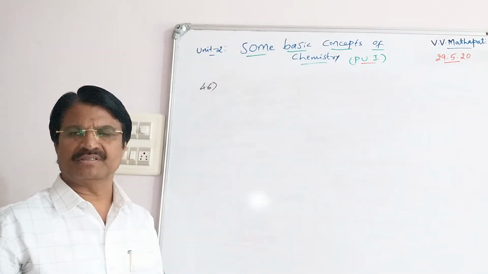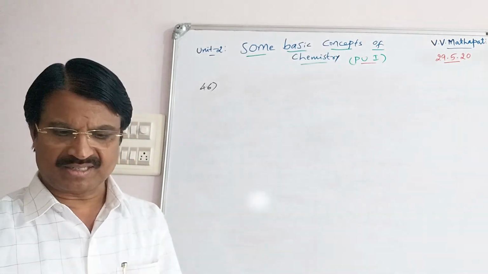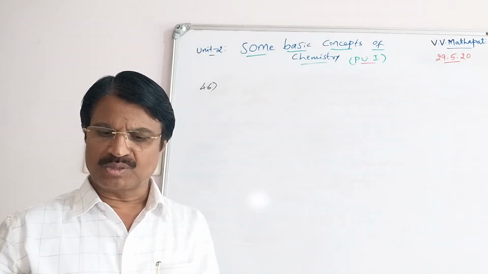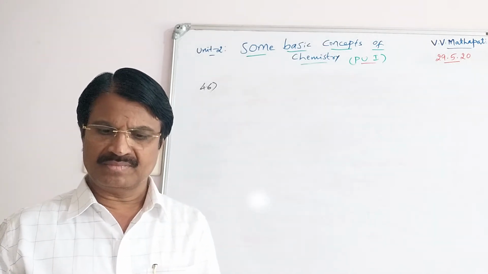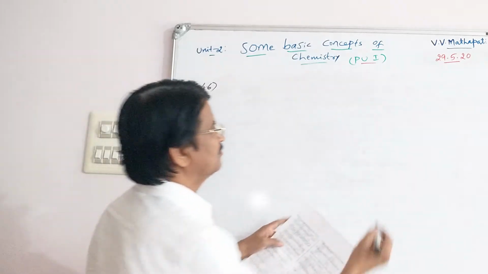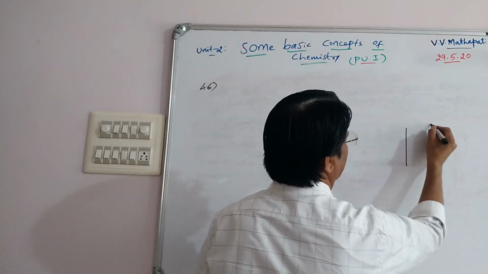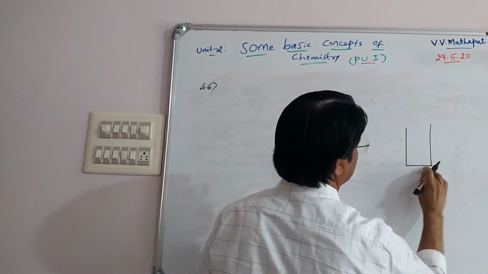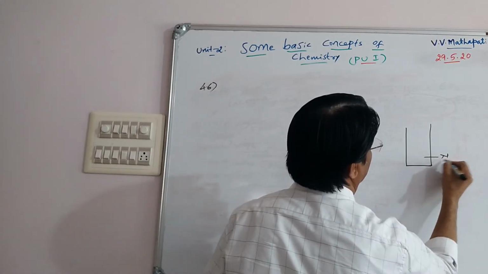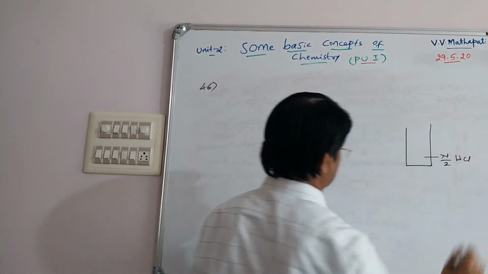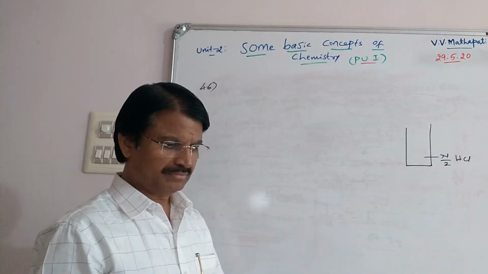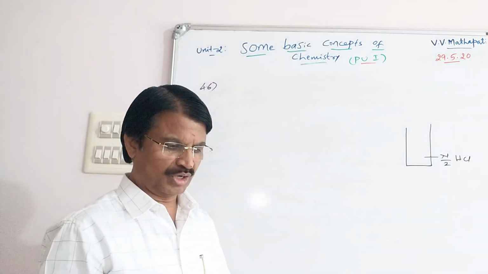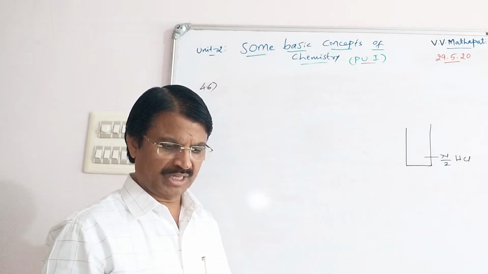They are related with normality, molarities, etc. They are asking the volume of water to be added to N by 2 HCl. This is the beaker, N by 2 HCl.